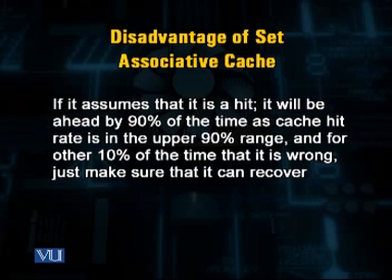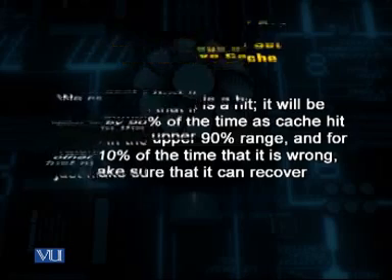If it assumes that it is a hit, then it may have a misprediction. Since the hit rate is in the upper 90% range, you will be ahead of the game 90% of the time, and for those 10% of the time that you are wrong, just make sure you can recover.